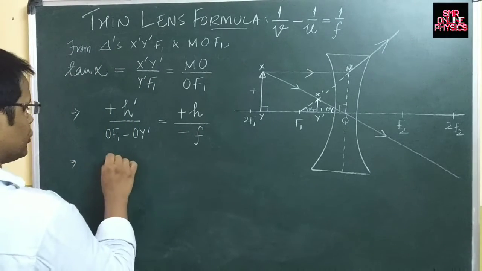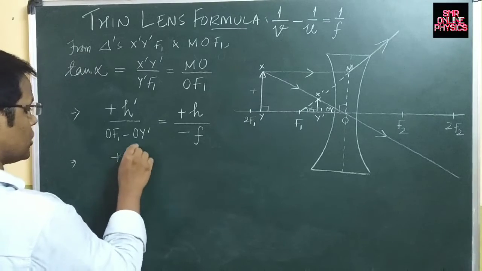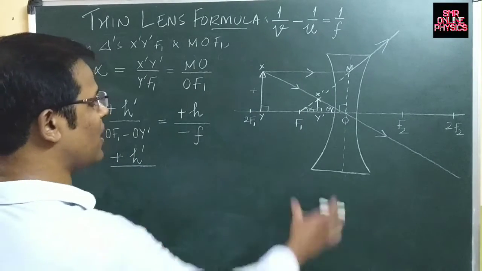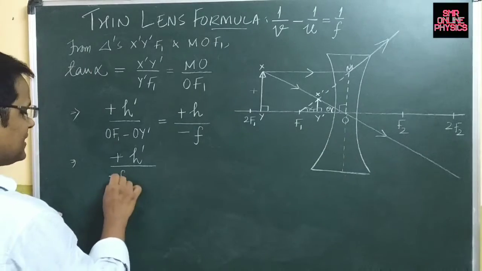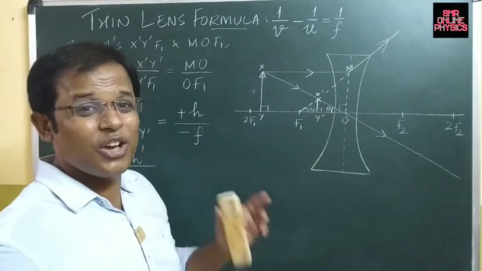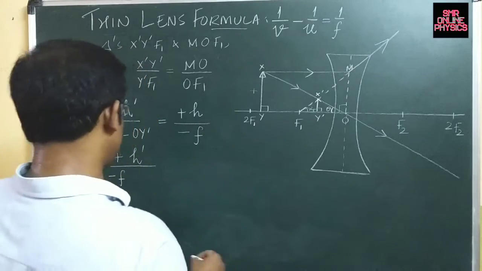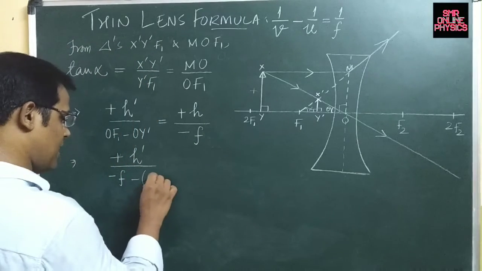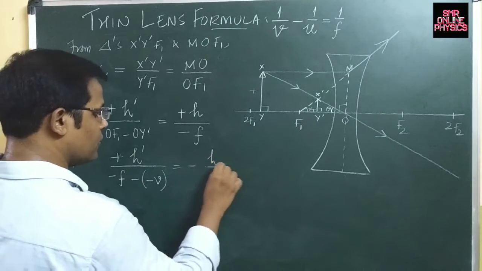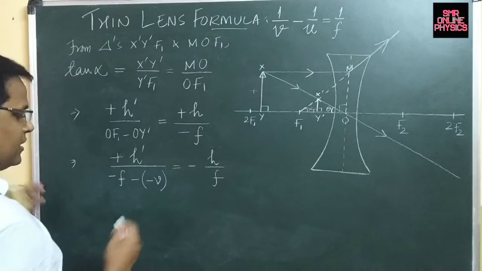So putting in the values quickly, plus h dash. OF1 is your focal length, minus f. This is OY dash, that's your image distance on the left side. So again you get a minus, so this is minus of minus v, and hence you get minus of h by f. That's it.